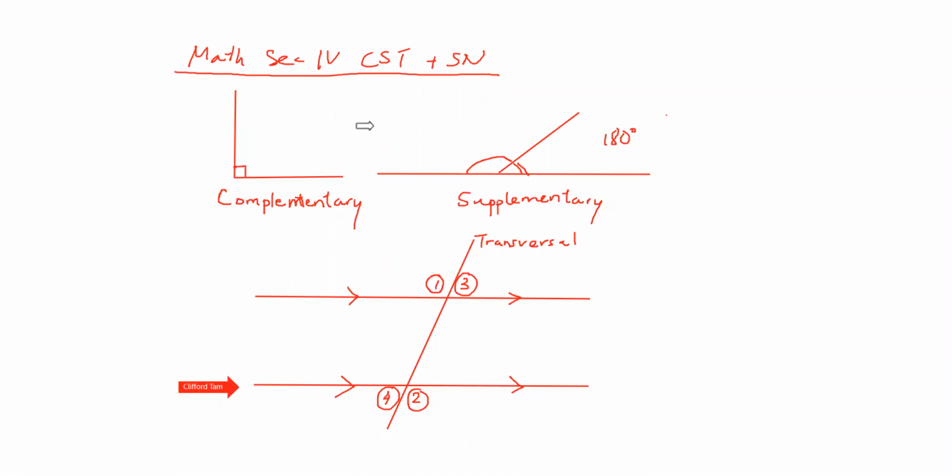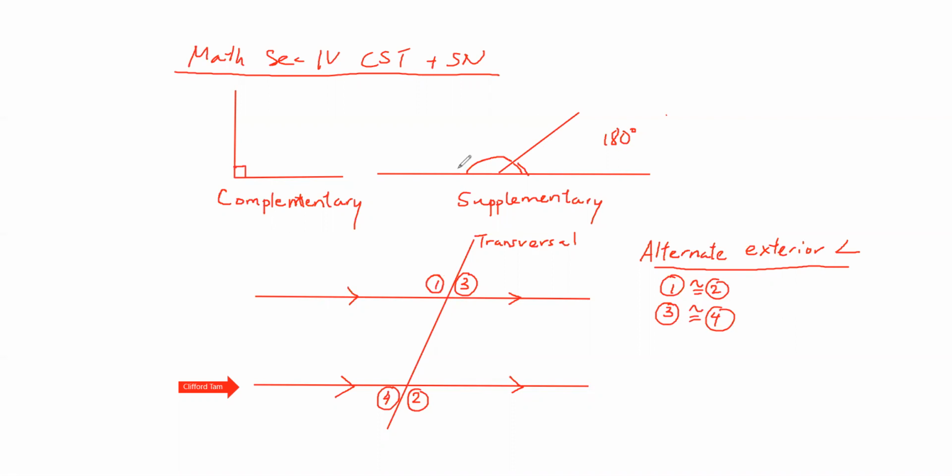Since those angles are on the outside of those train tracks, we'll call them alternate exterior angles. I'm going to do a little symbol like that. Alternate exterior basically means that angle 1 is congruent, and this little symbol means they're the same, as angle 2, and that angle 3 is the same or congruent to angle 4.